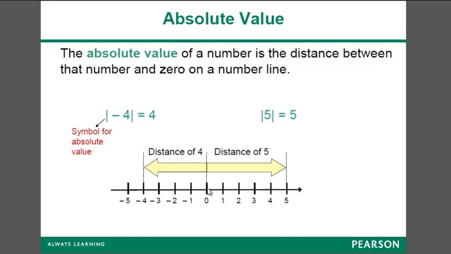Well, the distance from 0 to -4 is a distance of 4. We went 4 places. So the absolute value of -4 is actually a positive 4, because when we're talking about absolute value, we don't mind if it's positive or negative. We just want to know the distance. The absolute value of +5 is 5.